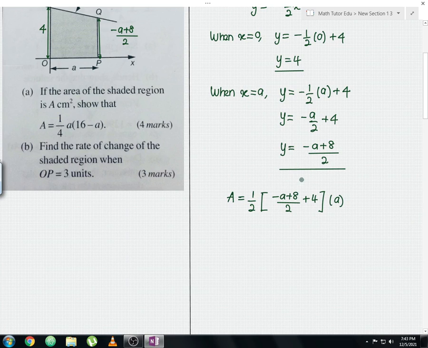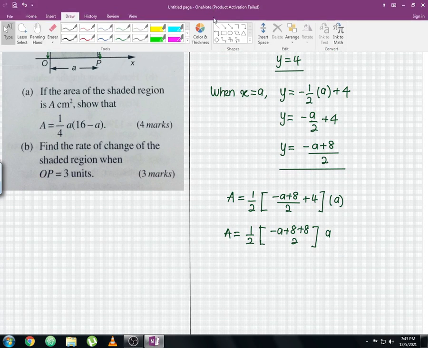So from here, the two expressions you combine together into a single fraction. So A will be equal to 1 over 2 times the bracket negative A plus 8 plus 8 over 2, close bracket, and then you times with A. Let me underline the fraction.